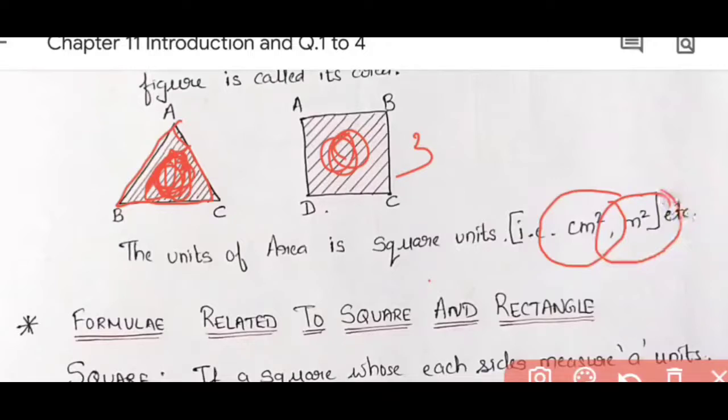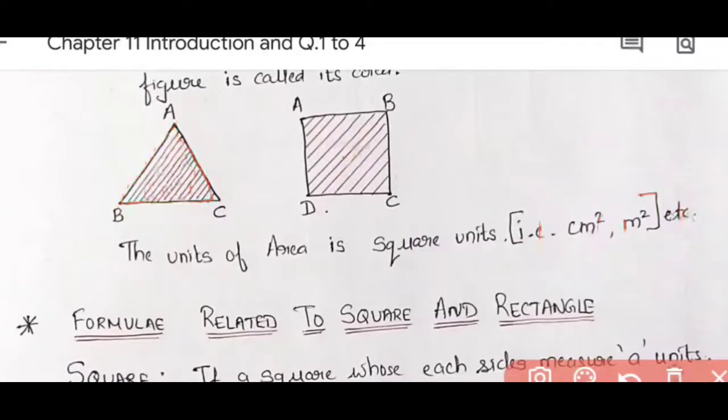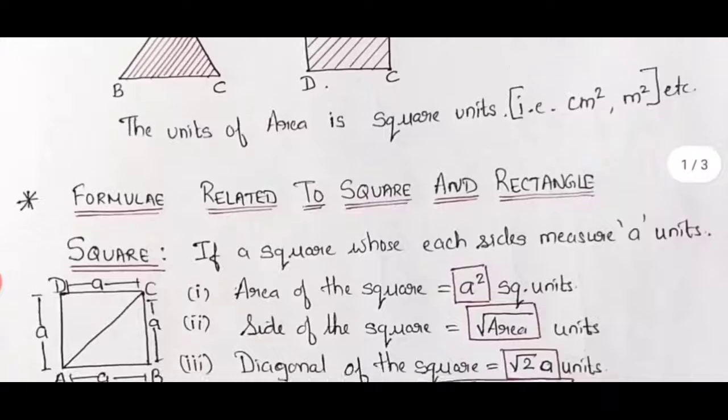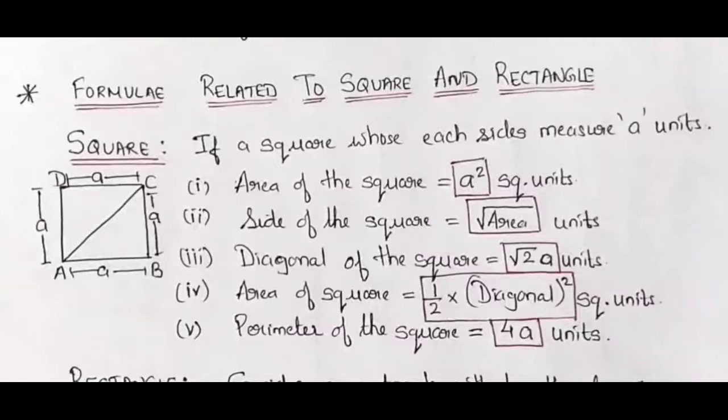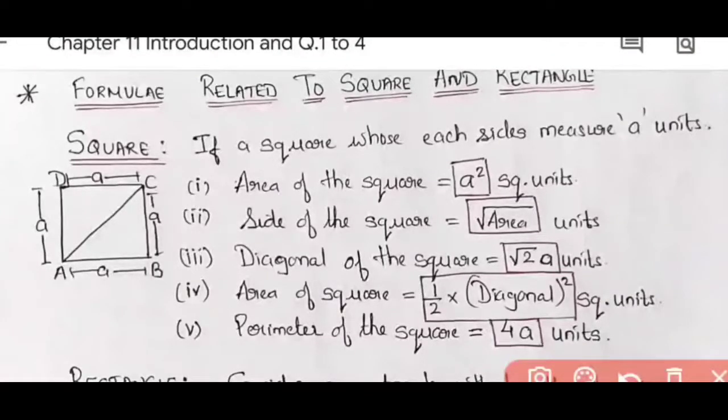Hope you have understood. Now moving to the formulae related to square and rectangle. First I will start with the formula of square. First formula is area of square. Area means the region which is bound by the boundaries of the square. If they ask you to find the area of the square, you will multiply A into A. What is A here?